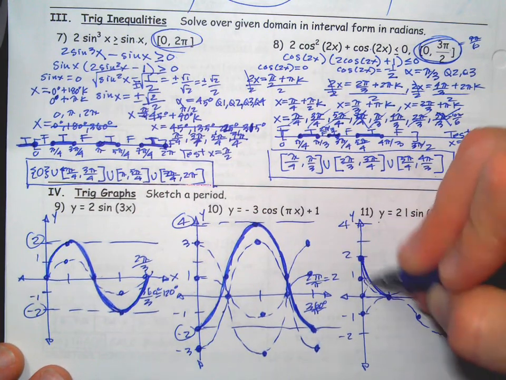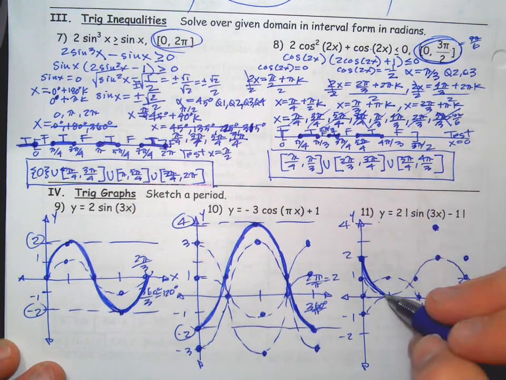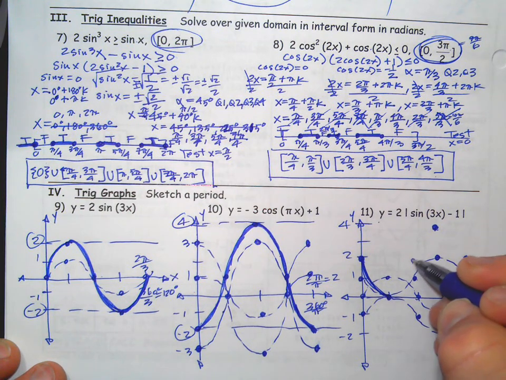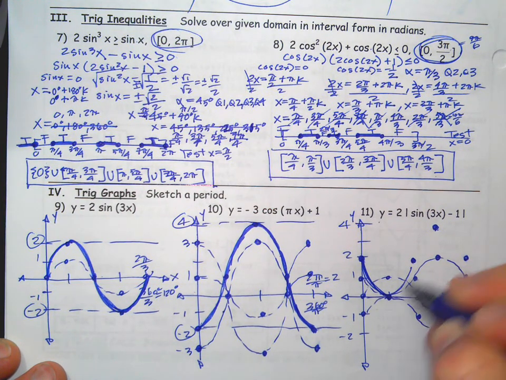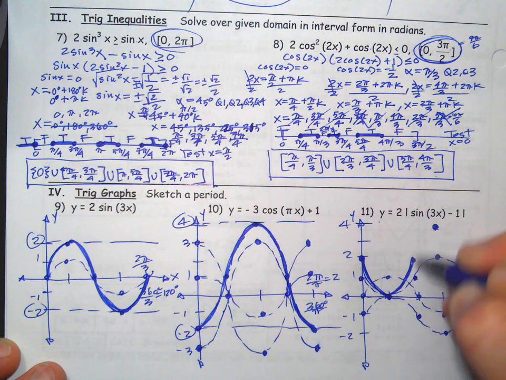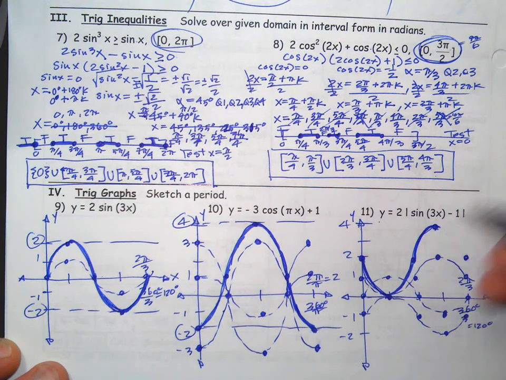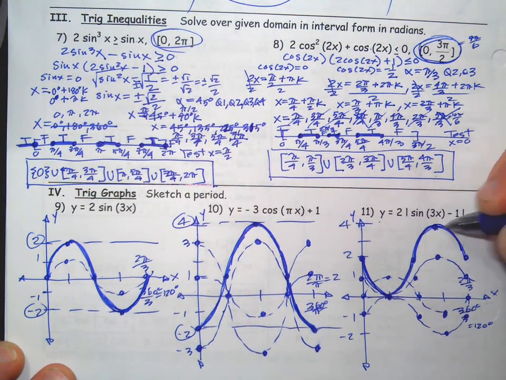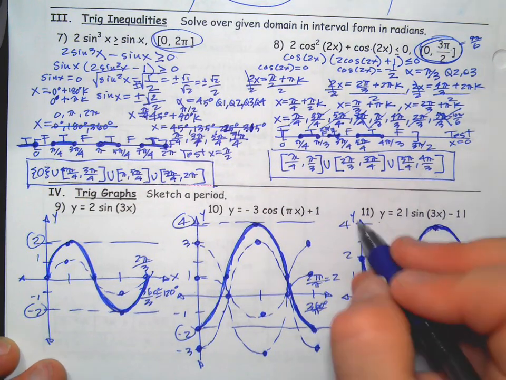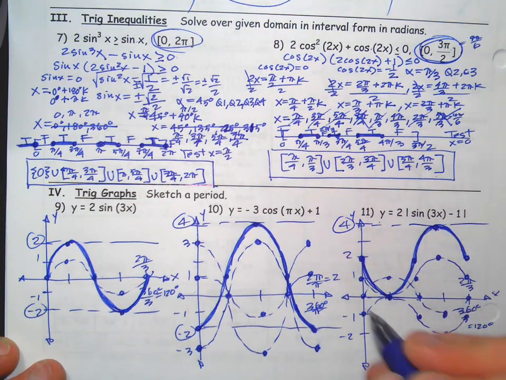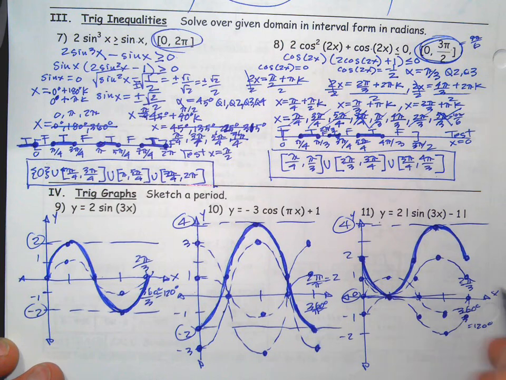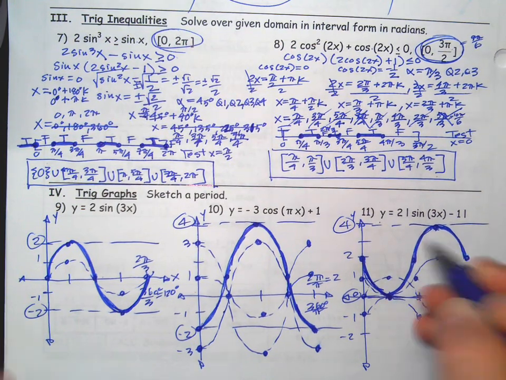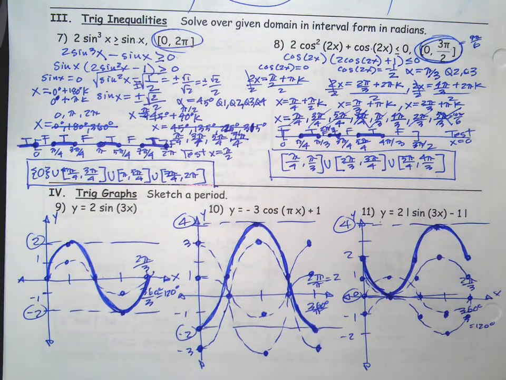So it should be up here. Final answer, darken it in, need the max, need the min. There you go. That's it. Okay.